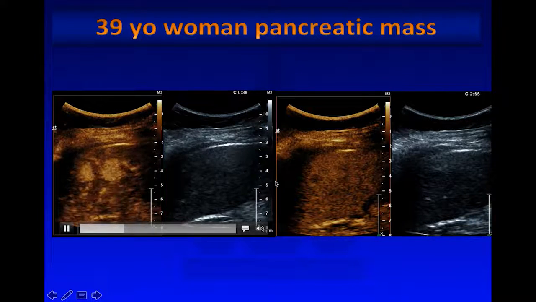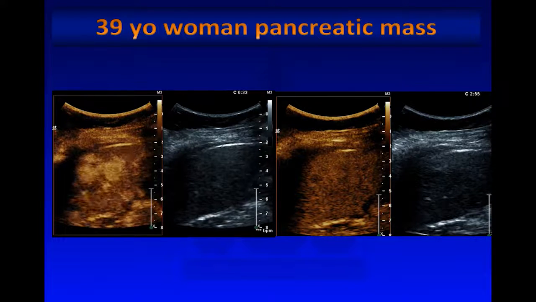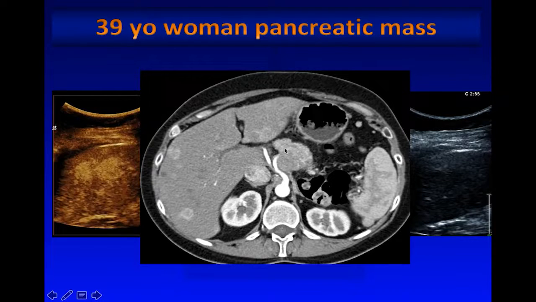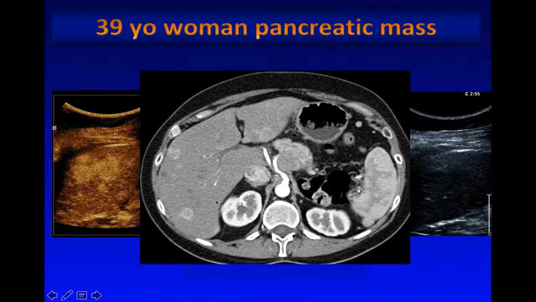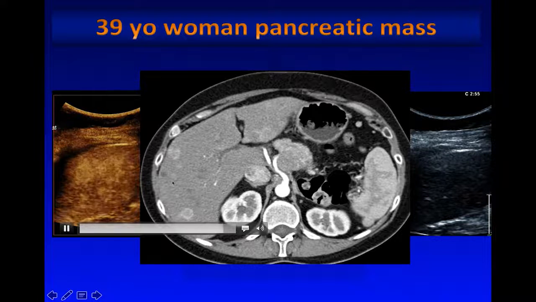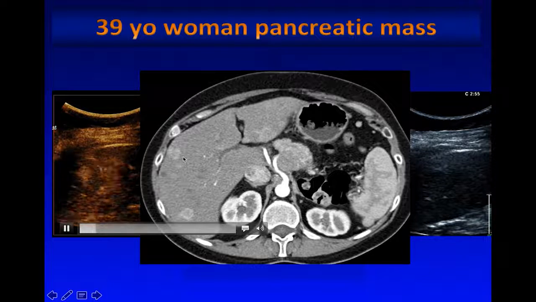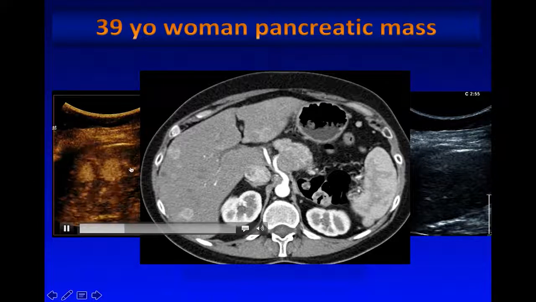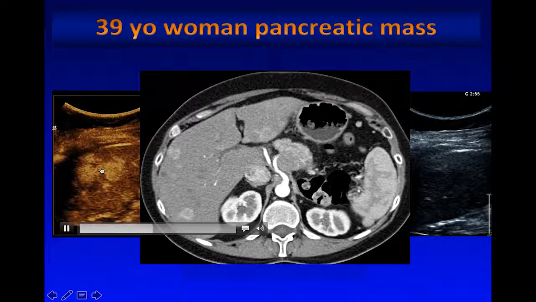So this is early enhancement, and the patient had a pancreatic mass. So looking at the CT scan, you can see that the patient has a hyper-enhancing, hypervascular pancreatic mass with these vascular lesions in the liver, and this is metastatic neuroendocrine tumor. And we know that these metastases typically have early arterial enhancement.